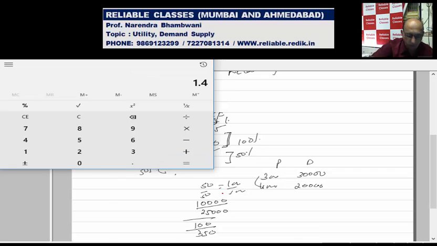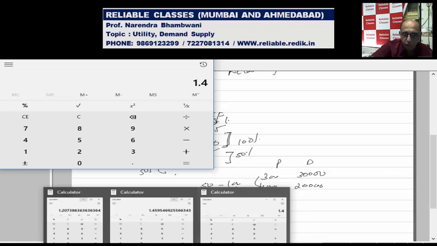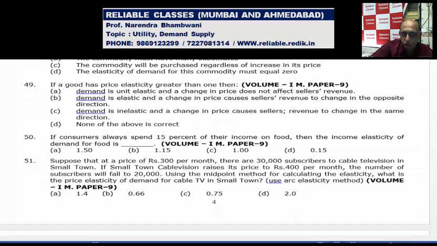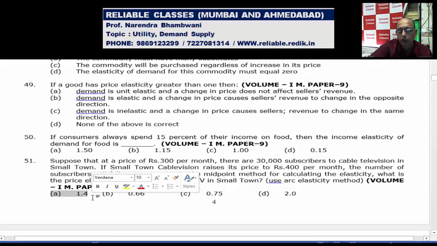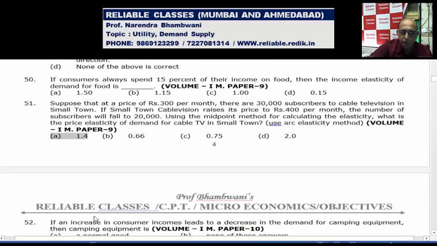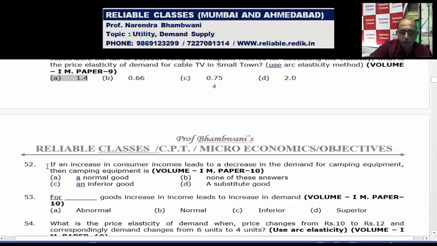So it is obviously 1.4. It has to be negative 1.4, but if negative 1.4 is not available, then positive 1.4. If positive negative both are available, we will choose minus 1.4.